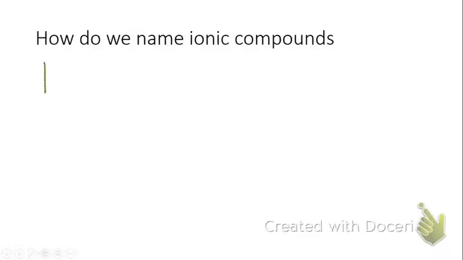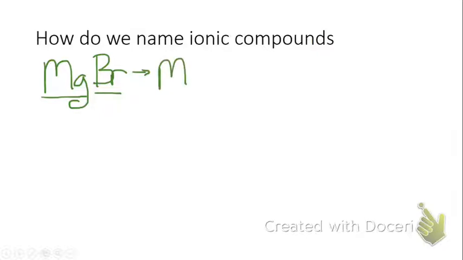So let's look at this. MgBr. Metal, nonmetal. So we know we're dealing with an ionic compound. Mg is magnesium.